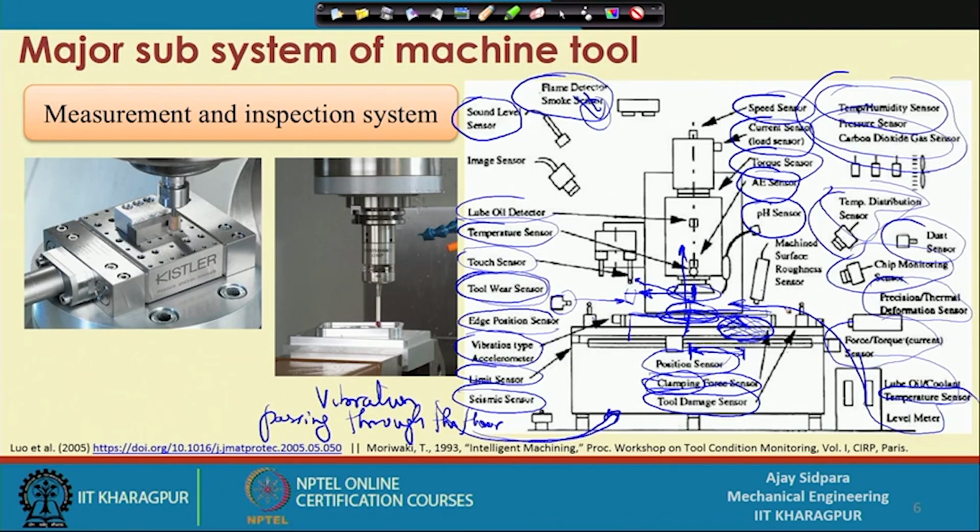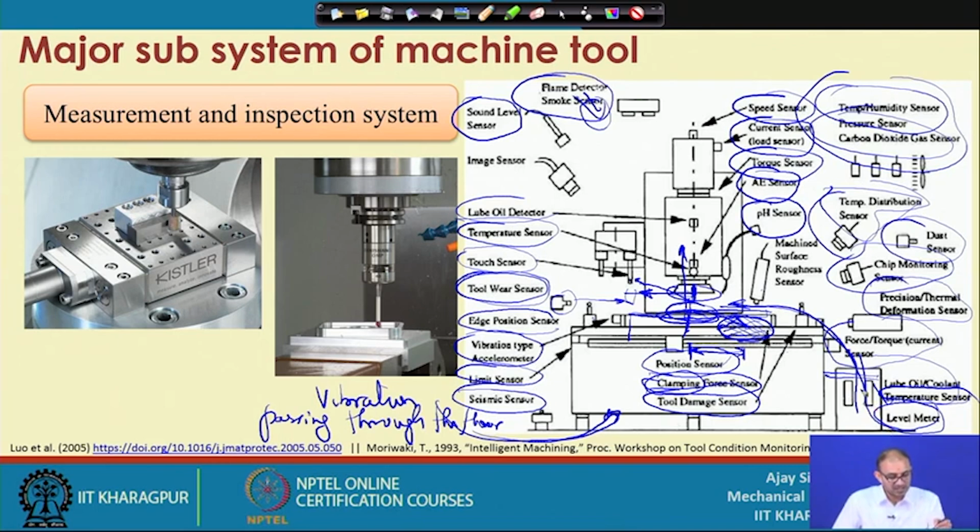So, if you continuously use the same coolant, its temperature will also rise. You also have to maintain a particular level, because beyond a particular level the motor or pump will not pass the coolant fluid to the working zone. So, you have to maintain those things.